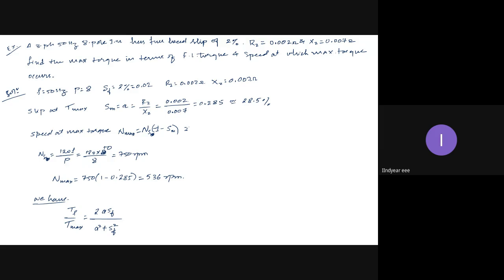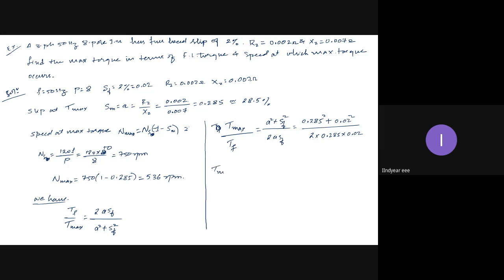So I can write this as, if you want to take the reciprocal, T max divided by Tf, because I want the maximum torque in terms of full load torque, equals a square plus Sf square divided by 2a Sf, equals 0.285 square plus 0.02 square divided by 2 into 0.285 into 0.02.